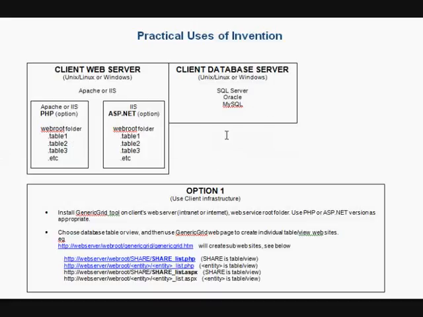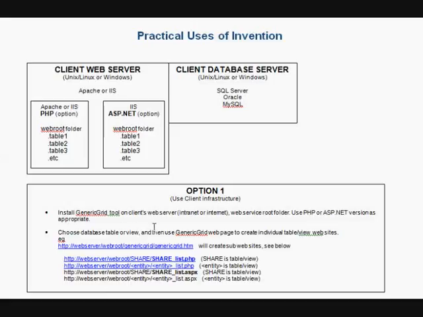How this will work is the generic tool will sit on the web root folder, and then using the GenericGrid web page you can create the PHP version or the ASP.NET version, and then create subsequent sub websites attached to a table or a view, as you can see here.